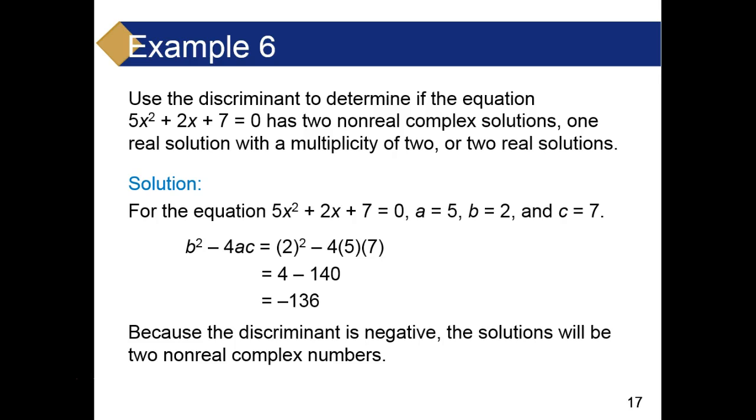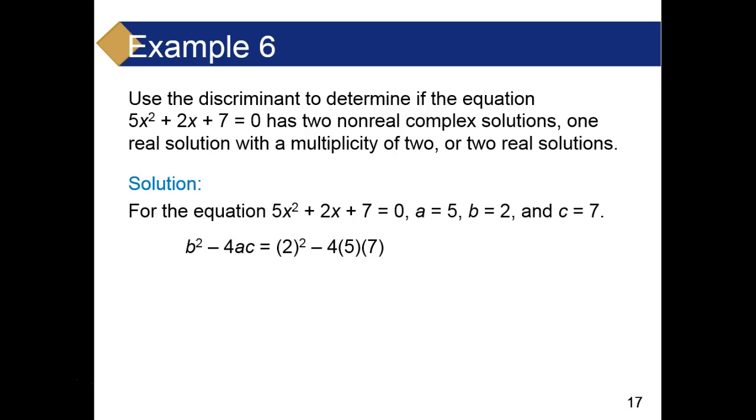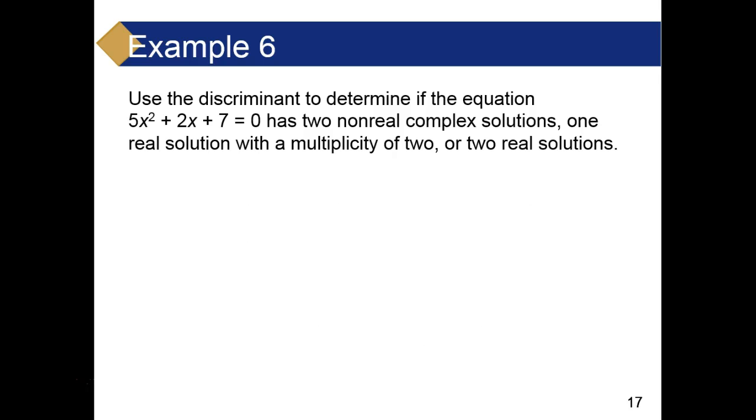I'm pretty sure there is one more, I believe. So let's go back and do that one. Example 7. Solve this one. 3x squared minus 8x plus 2 equals 0.